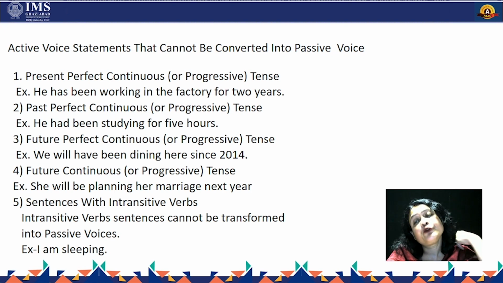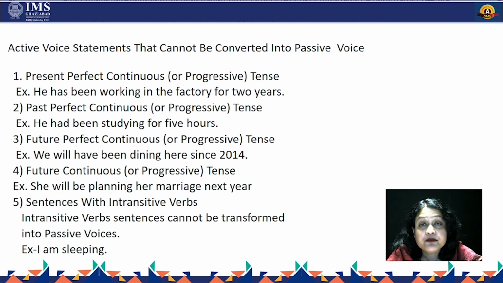So as you've noted, I have not added some tenses to the previous slides. Now why is it? We need to understand that not all verb forms, that is tenses, can be converted into or transformed into passive voice.